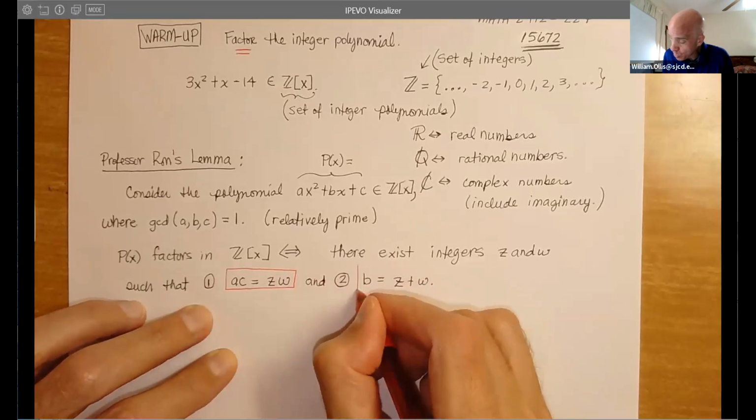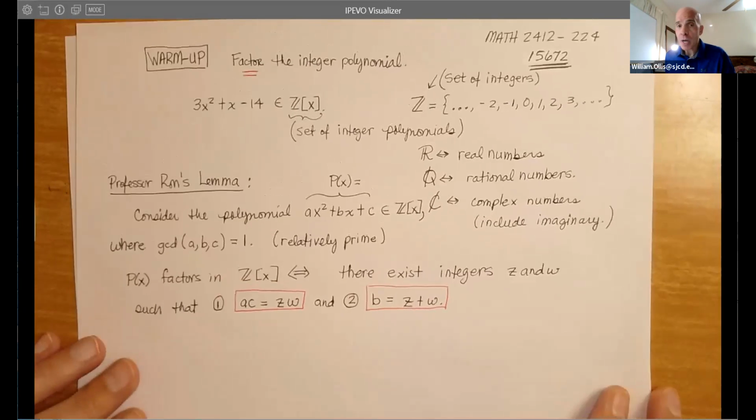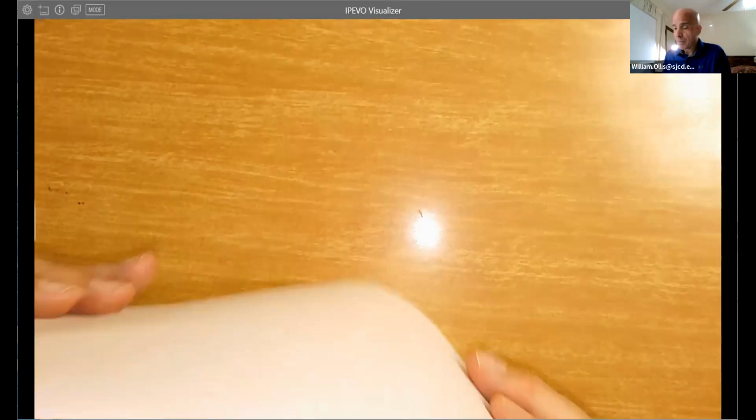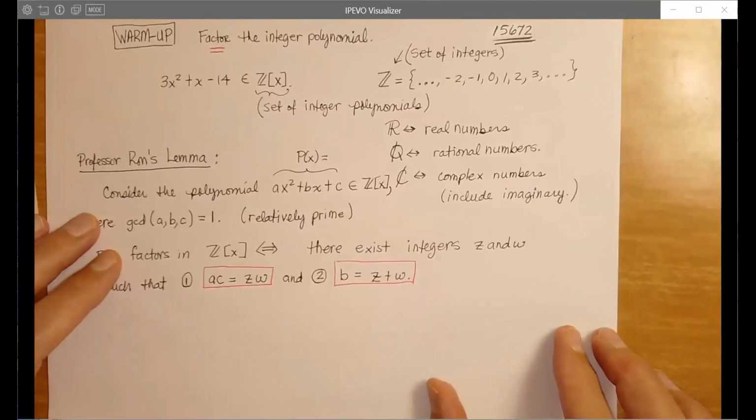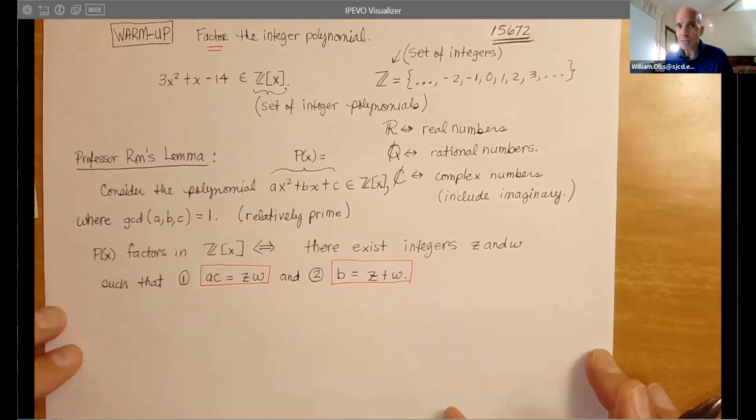These are the two restrictions that must occur when we're doing these kinds of problems. We know that if we can find a Z and a W, then we're in good shape.